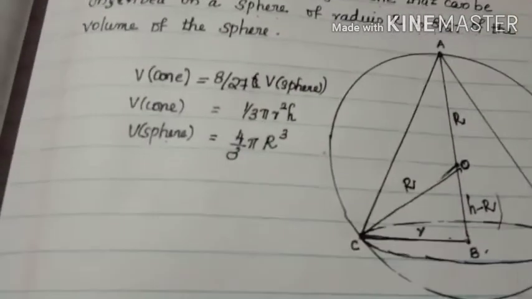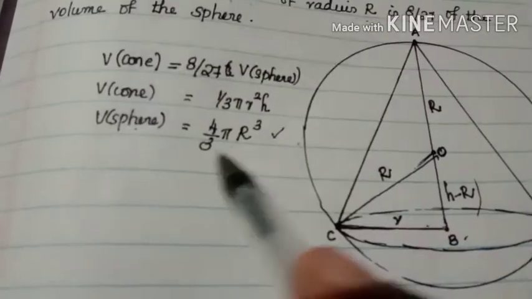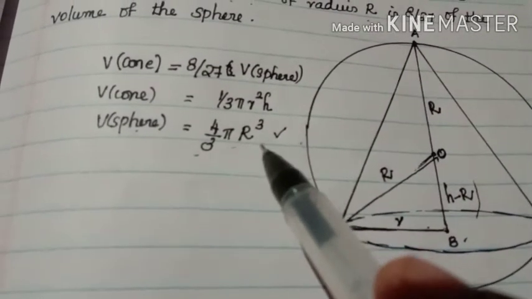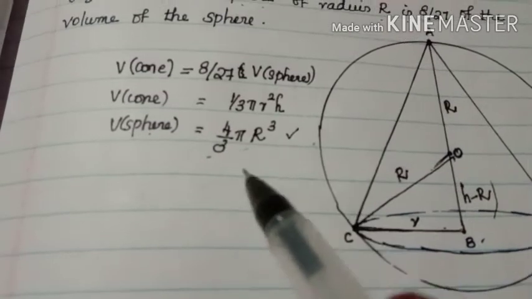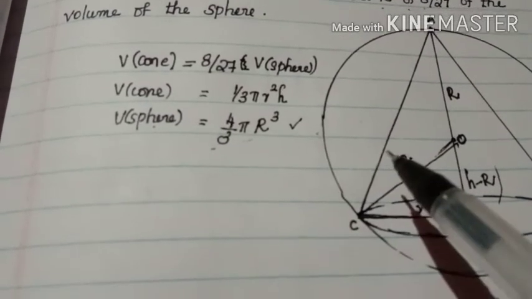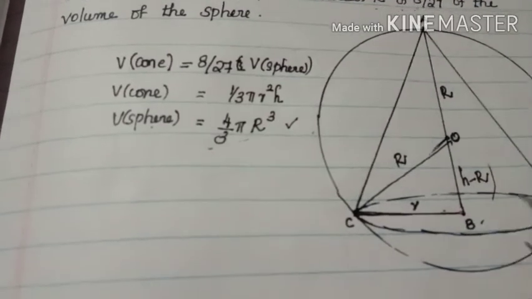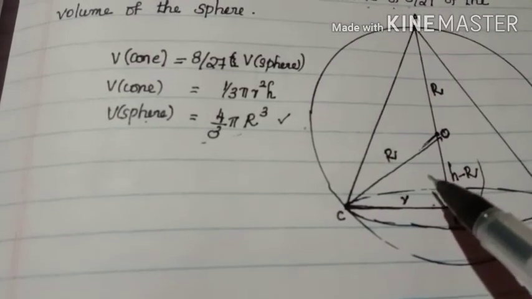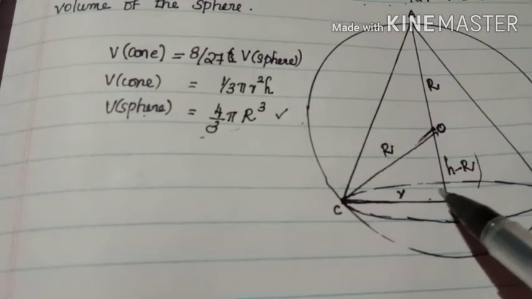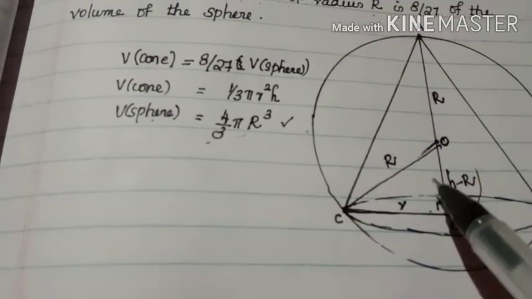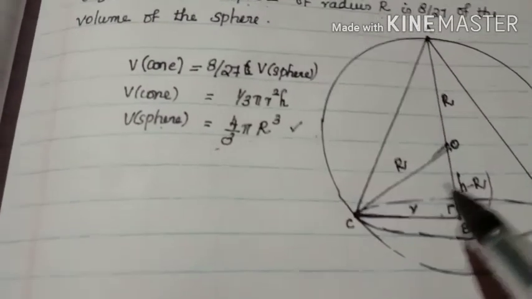Now listen, to prove this we have to find a function. Then we have to find derivatives and then verify whether it is maximum or minimum. For this, let us consider this right triangle and apply the Pythagoras theorem.